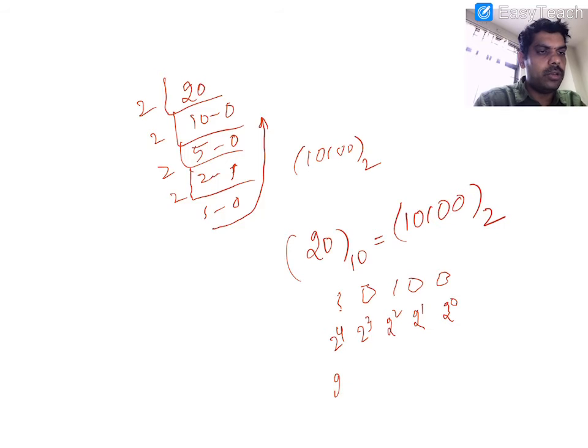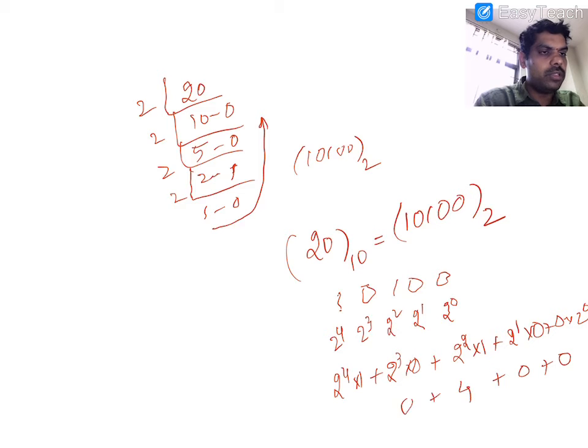That means 2 to the power of 4 into 1 plus 2 to the power of 3 into 0 plus 2 to the power of 2 into 1 plus 2 to the power of 1 into 0 plus 2 to the power of 0 into 0. Anything with 0 is 0, 2 to the 2 is 4, and 2 to the 4 is 16. 16 plus 4, 20. This is the way we convert.